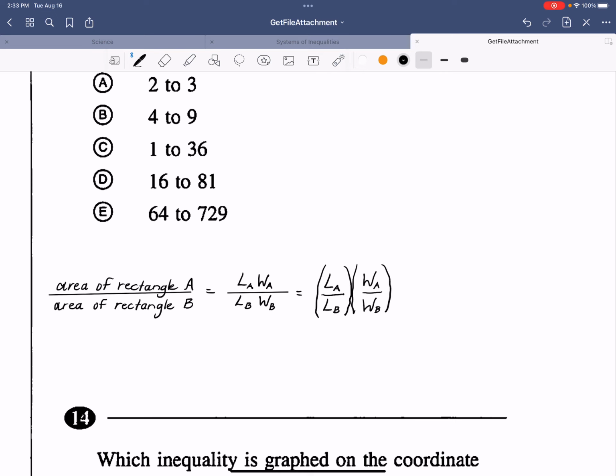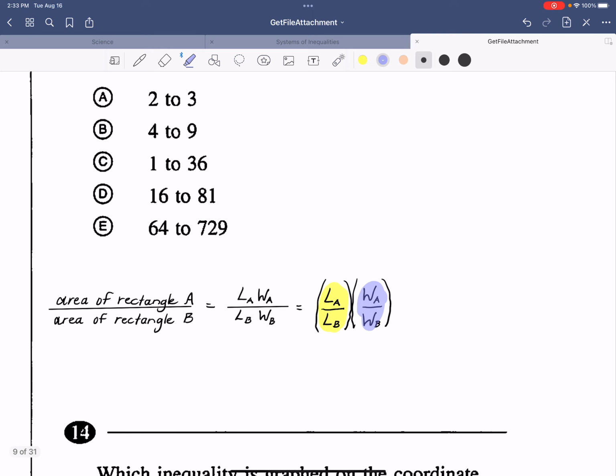Okay, so all I've done there is to split that area ratio apart so that I'm comparing the lengths of both. So here's the lengths, and here are the widths. I'm still doing length times width for area. I'm just breaking these factors up. And here's the million-dollar question.